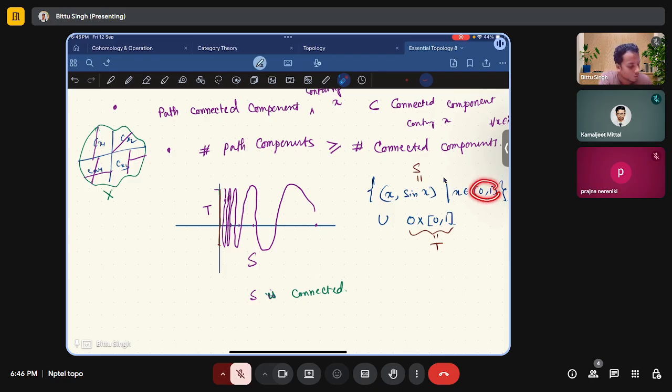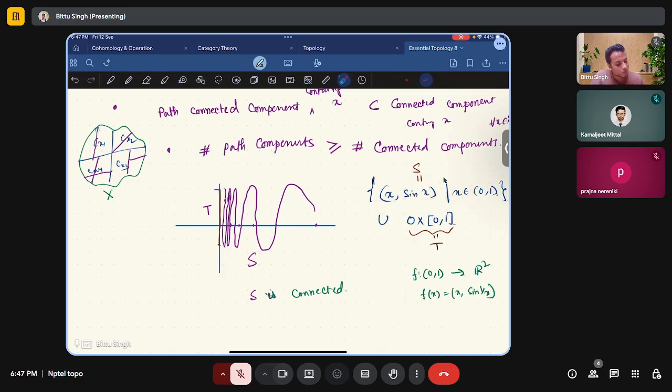So the open interval (0,1) is connected, and this S can be thought of as the image of this space under a continuous map. Just take the continuous map from (0,1) to R2 defined by f, where f(x) equals (x, sin(1/x)). So this is the image under a continuous map, therefore S is connected.